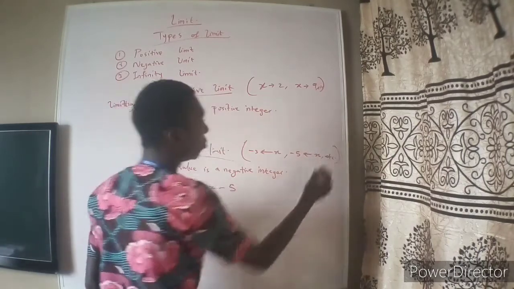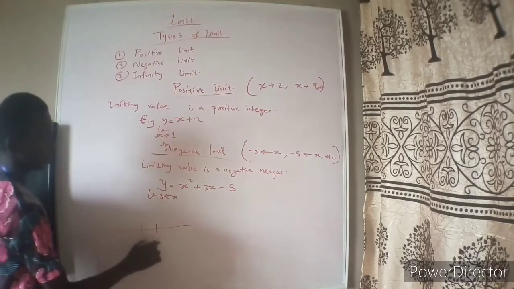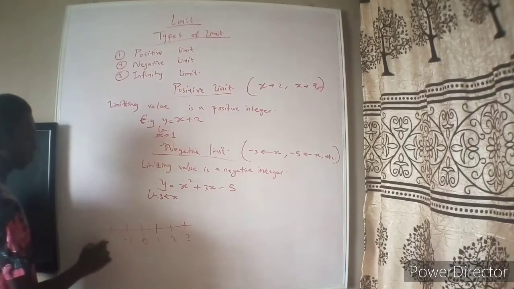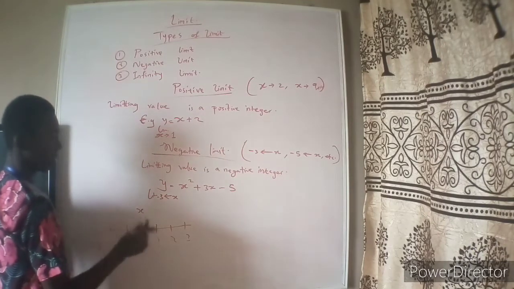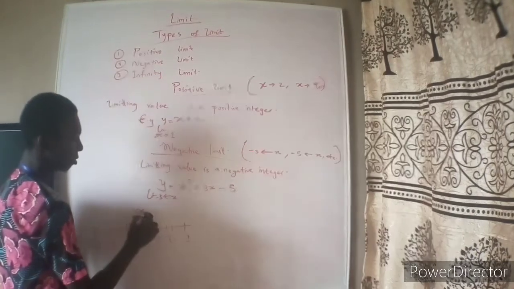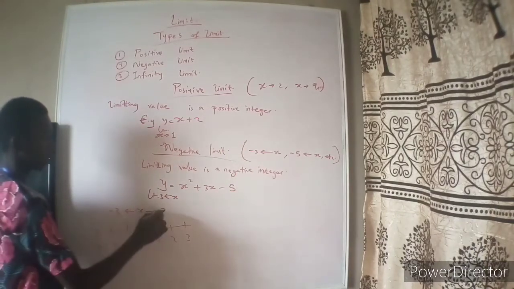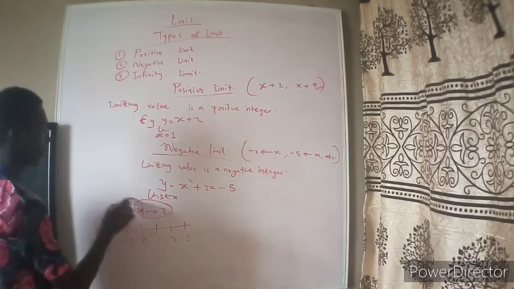Do you now know why? Because on our axis, I have my 0 here. My positive integers are on the right, and my negative integers are on the left, isn't it? So actually, if this is my x, if I'm limiting to a positive value, it is on this side. To a negative value, it is on this side. I hope that's clear. So this is for the positive limit and this is for the negative limit.